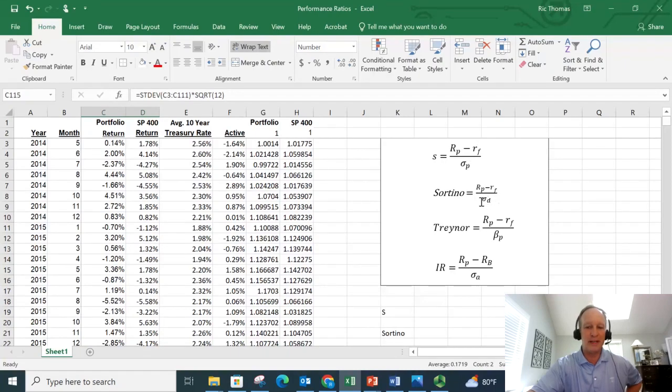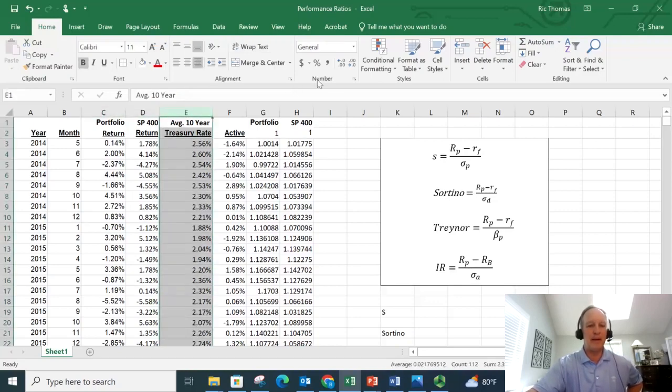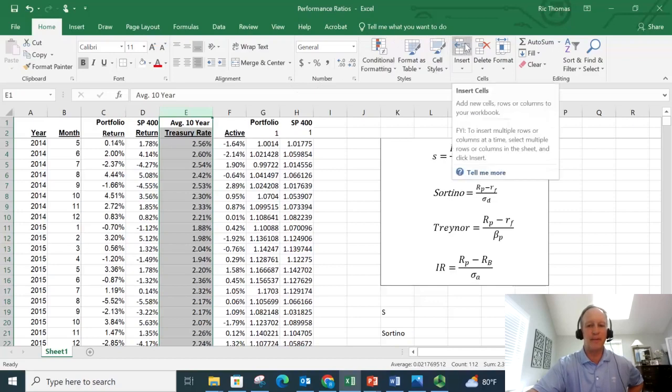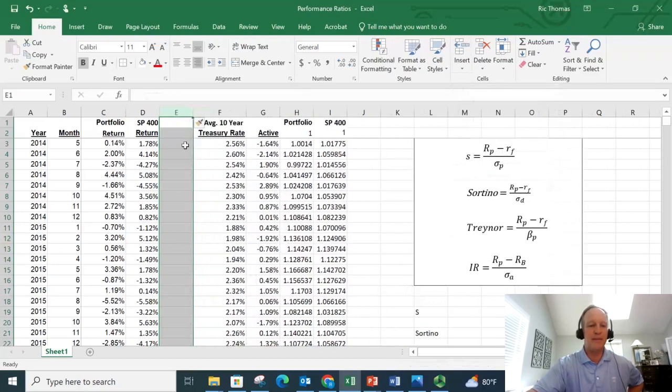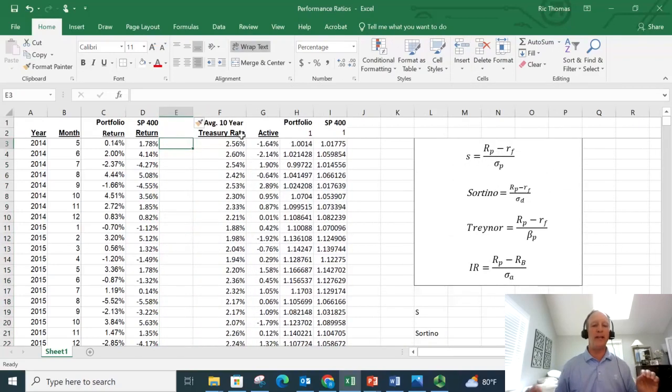What about this Sortino downside volatility number? So I only want to calculate volatility on down months. So one way I could do that, let me put my cursor there. I'm just going to insert a column, okay? And I'm going to only capture the portfolio return where the return was negative.